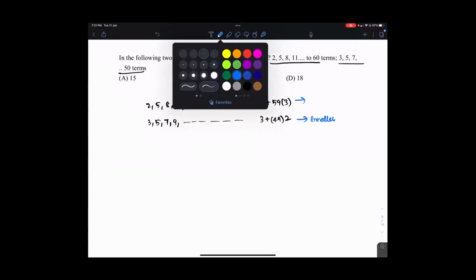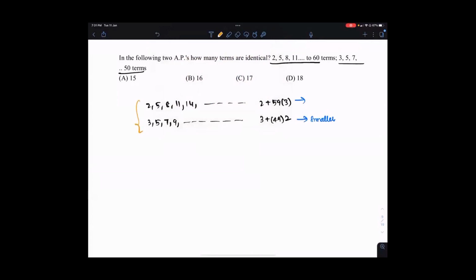Whenever you have two APs, if one AP's common difference is D1 and the other's is D2, the common difference of the common terms will be LCM of D1, D2. In this case, the first common difference is 3, the second is 2.